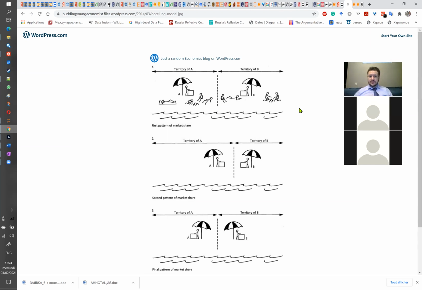He investigated the properties of a game where we have a beach. We have a territory, A territory and B territory here, and we have two sellers, and they have to find their positions. So we have a position for A, and we have a position for B. In my description, you can think of it as a red territory and a blue territory, and we have a uniform distribution of customers.